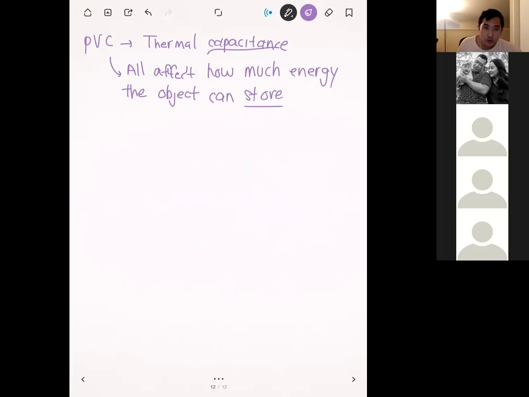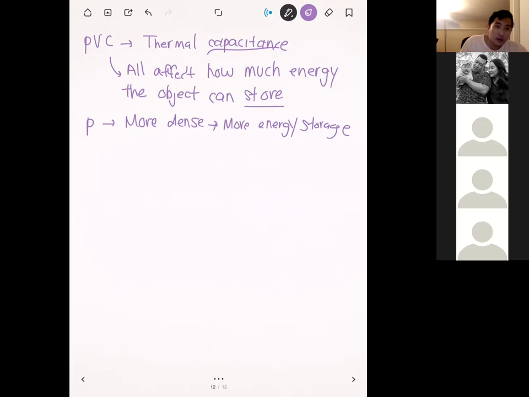Okay, so let's go through each one of these individually. The first term in our thermal capacitance is the density. Basically, the more dense an object is, the more energy it can store. If you have two objects, one made of something really dense versus something that's not, the one that's really dense can store a lot more energy.